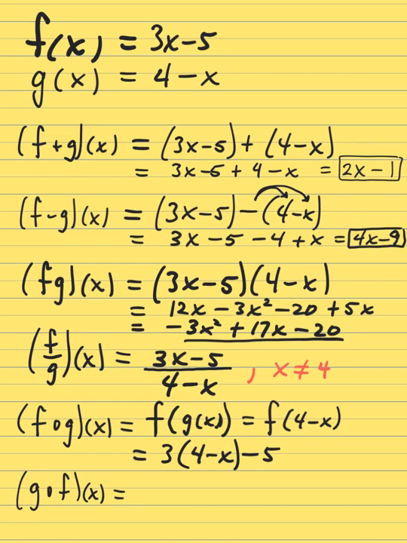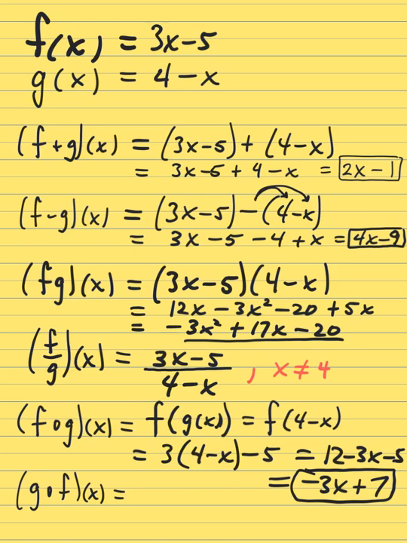Well, that's equal to 12 minus 3x minus 5. Which is equal to negative 3x plus 7. Another function.